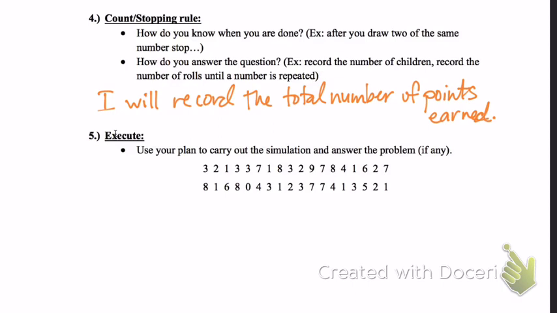So what sets this apart from just setting up an experiment versus actually doing the simulation is now they provide me with the random digit table and I have to execute it. Why would you record the total number? Each trial is a person throwing 3 darts. So I want to know how many points you earned when you threw 3 darts.